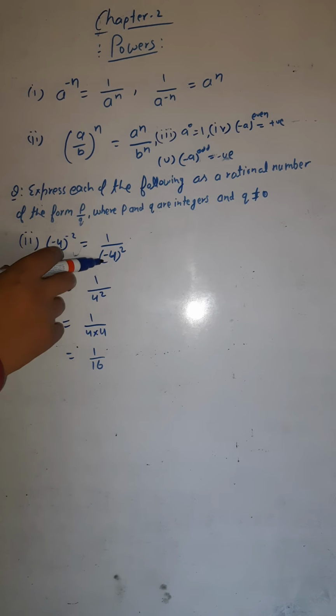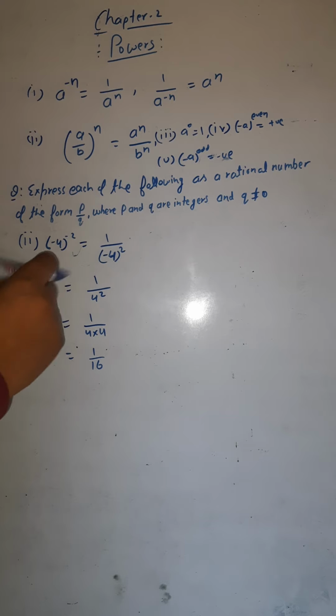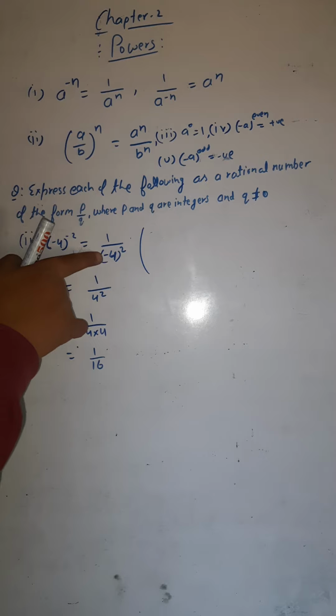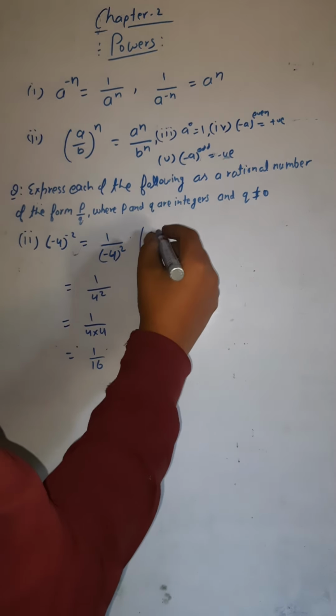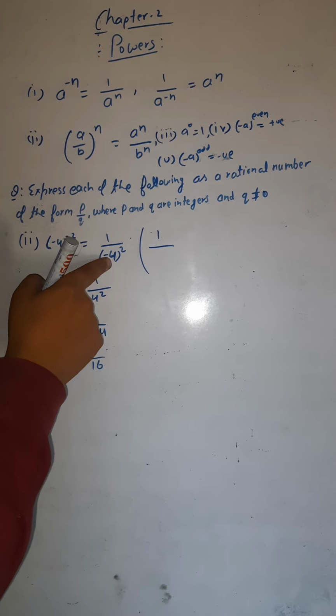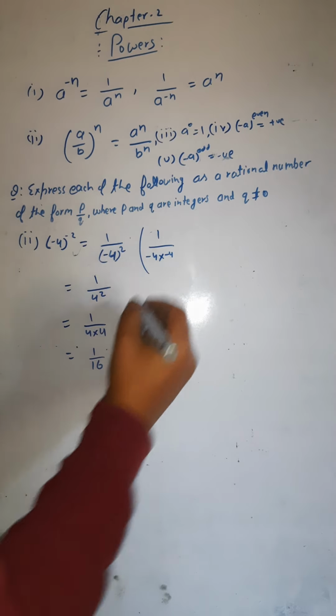Now you would ask how this minus is becoming positive here. Let me explain it. Look here, it is minus 4 raised to the power 2. I can write it as minus 4 raised to the power 2 means I would multiply minus 4 two times, minus 4 multiply minus 4.